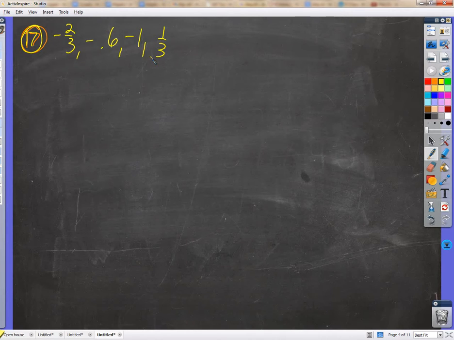So let's start at the least. Which of these numbers is the least? It's between -1, -0.6, and -2/3.